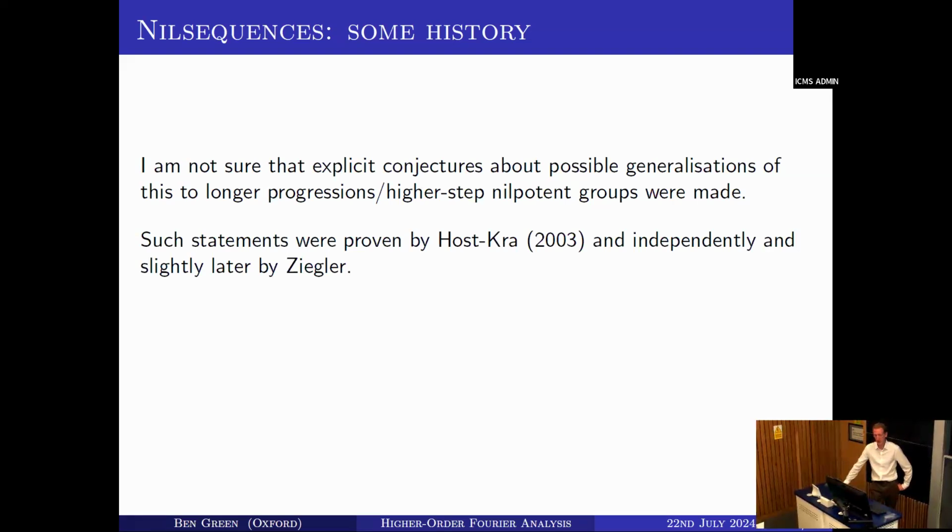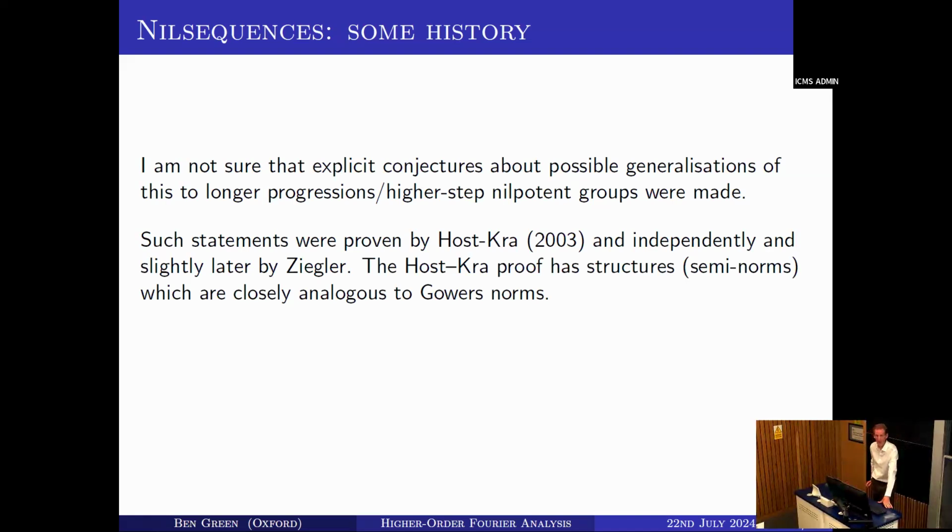And such statements were proven by Host and Kra in 2003, and then independently by Ziegler around about the same time. And the Host-Kra work has structures in it which are really the ergodic analogues of the Gowers norms. So it was that work that really provides an ergodic version of the inverse theorem for the Gowers norms.